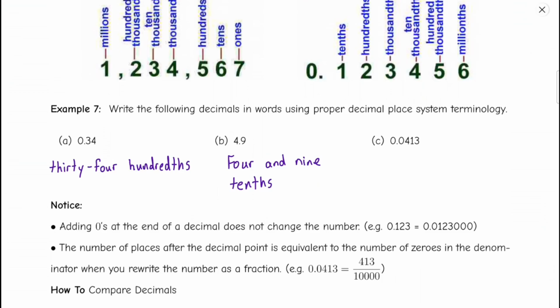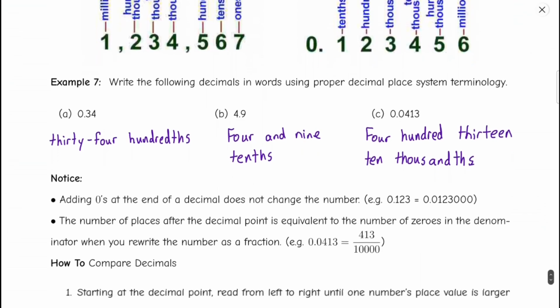So again, I'm going to write it as if there is no decimal, so 413. And then the 3 is in the 10,000ths position, so this is 413 10,000ths. And that's how you write a decimal in words.